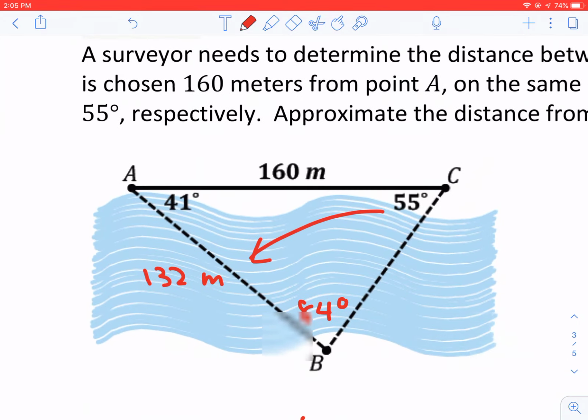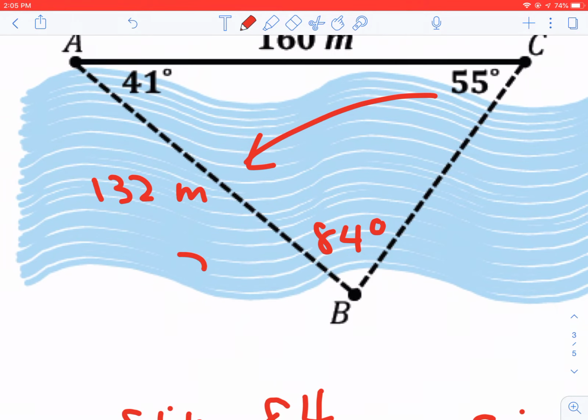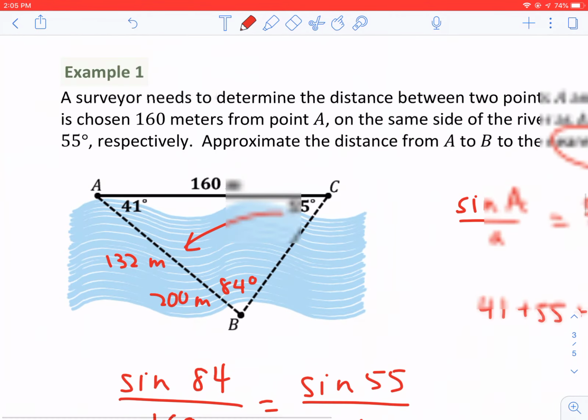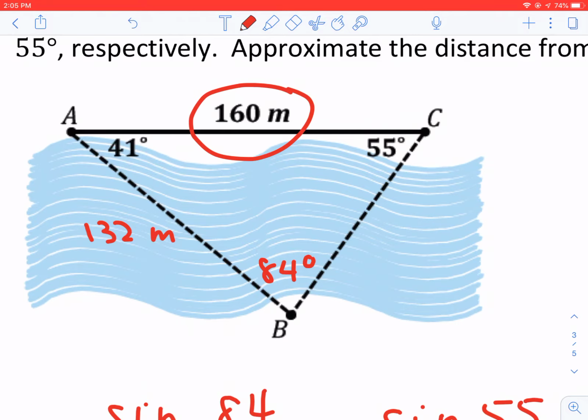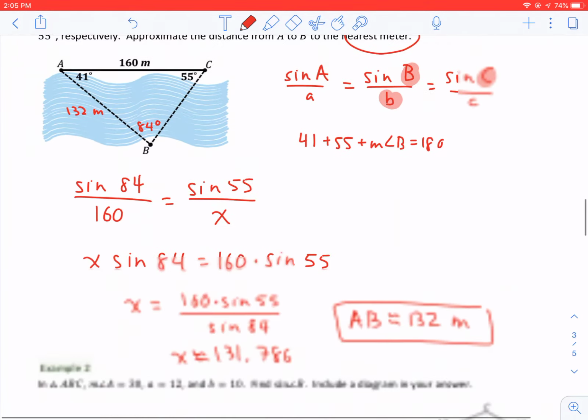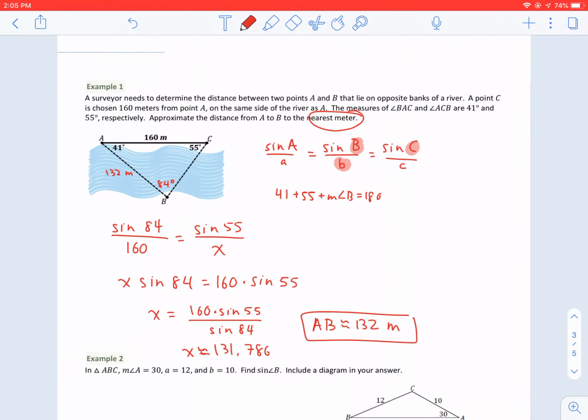So if you're getting an answer like 200 meters, you might think that looks pretty reasonable given the diagram, but we know that's impossible because opposite a smaller angle, our side has to be smaller. Anything more than 160 can't be correct. So 132 looks good, and that's using law of sines.